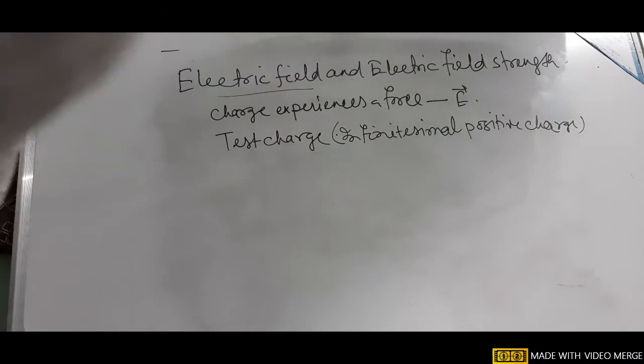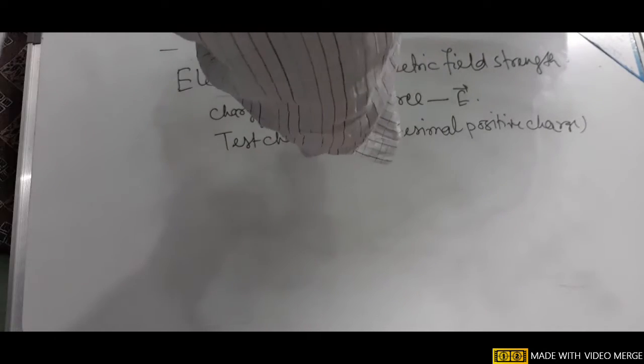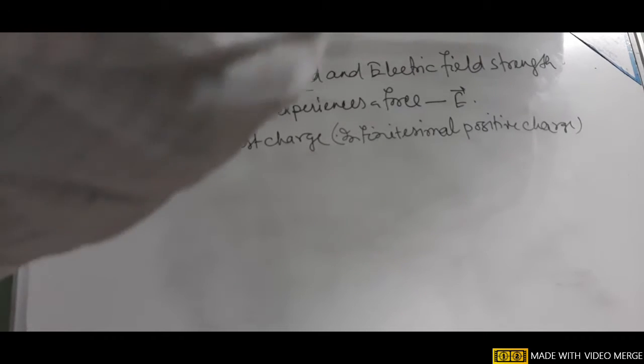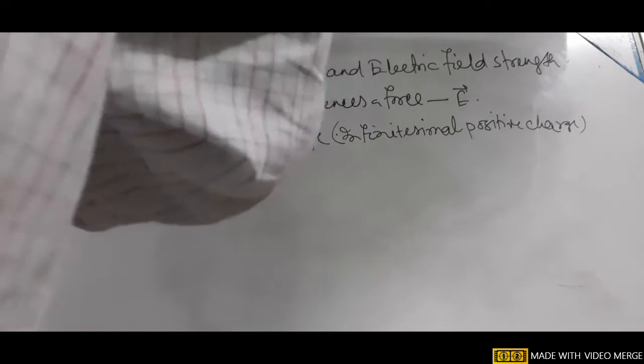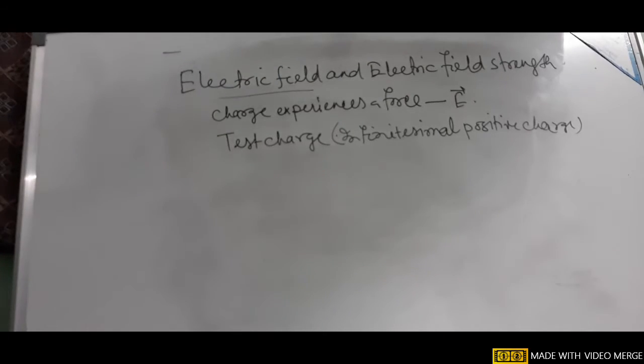When we place this test charge in an electric field, it will experience a force. That force acting on the test charge, divided by the test charge, is known as the electric field strength.